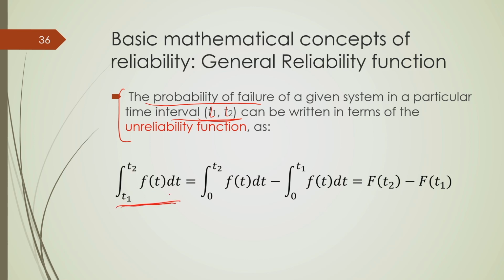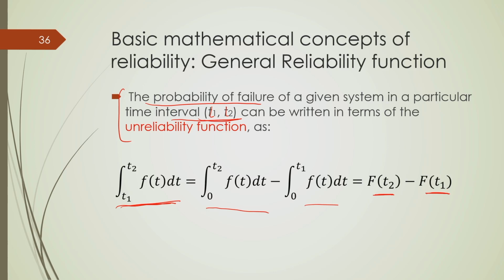So, this gives you the probability of failure of any particular system or equipment within the time interval t1 to t2. And by changing the limit, this can be written as capital F(t2), that is the probability of failure at time t2, minus capital F(t1), that is the probability of failure at time t1.